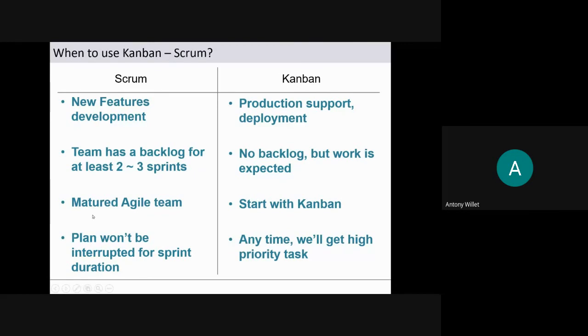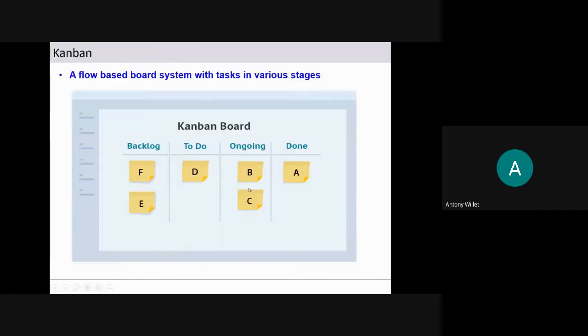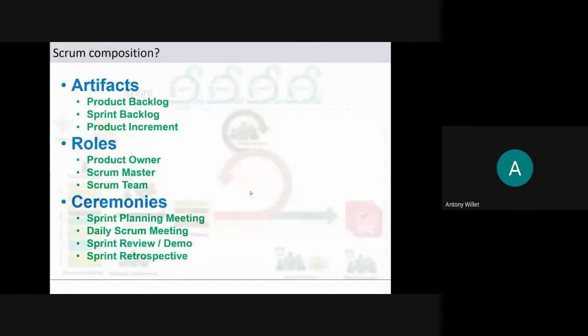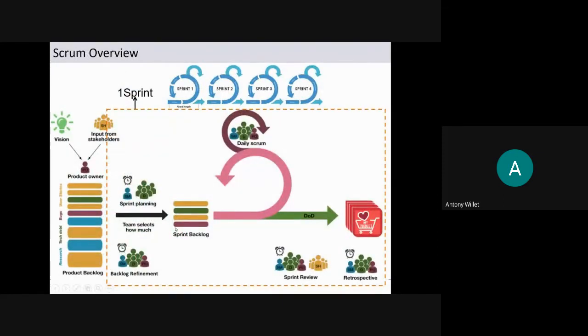Scrum is suitable for a matured Agile team. For teams that are starting new in Agile, it is better to start with Kanban. In Scrum, the plan won't be interrupted for the sprint duration. If we run a sprint for 2 weeks or 3 weeks, we will not take up any new stories in between. That point I forgot to mention: in Scrum, once the sprint starts, we will not take up any new item from the product backlog into the sprint backlog.